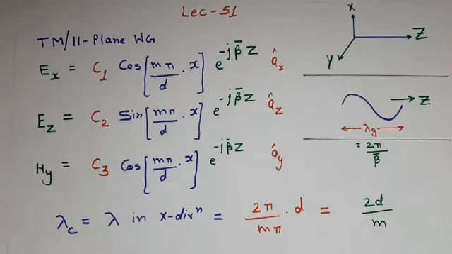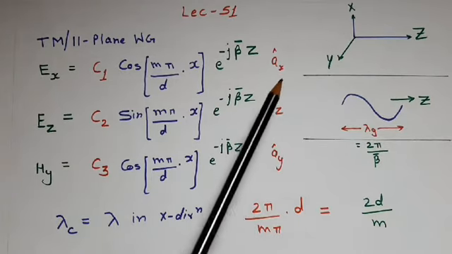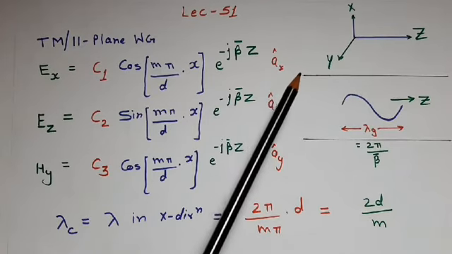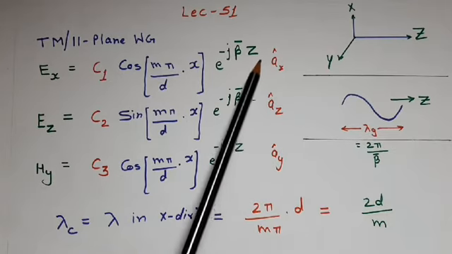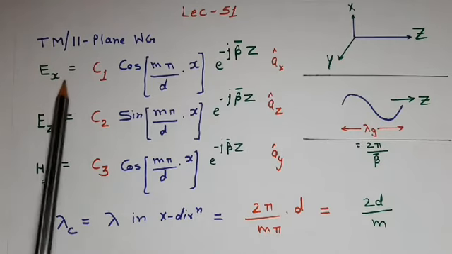At different times, that field distribution will change. But we plot field distribution at a single time, and for simplicity we can take that time t is equal to 0. And if t is equal to 0, then in this field expression we can omit e power j omega naught t term, and then finally we have ax cap which represents direction of Ex.